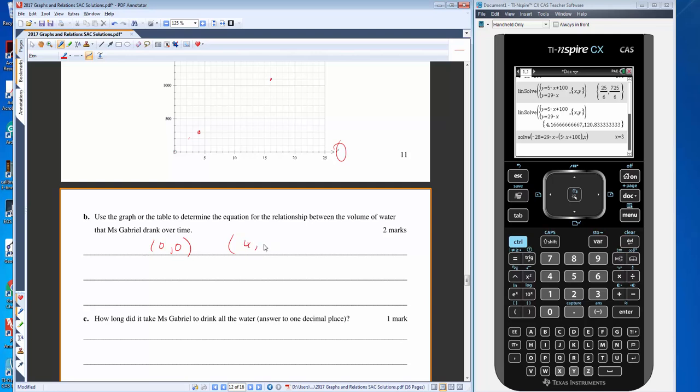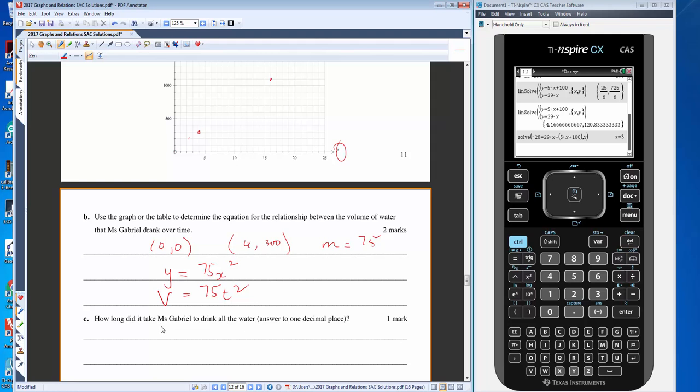So let's go 4, 300. And work out the gradient, and you would have found that m equals 75. So the rule is going to be y equals 75x squared, and let's switch the variables around. So volume of water equals 75t squared.